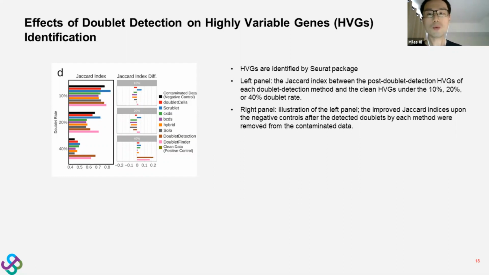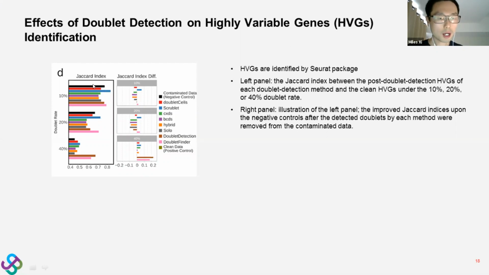Then we redo the highly variable gene identification and compare the highly variable genes from the after-removal data set with the clean data set. If a method is good, it should give a very similar result between these two, because after removing doublets you should be close to the clean one.